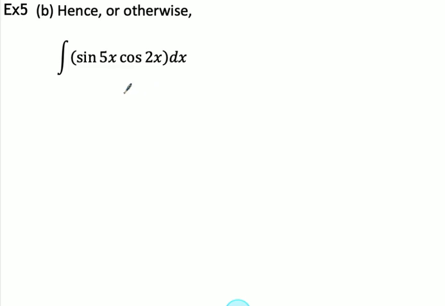Okay, hence or otherwise. Now, this is why I'm brutally honest and remind you, it means hence. It just does. So now we're going to use our knowledge of what we've just done, and actually I can rewrite this as this integral now, which I can integrate.